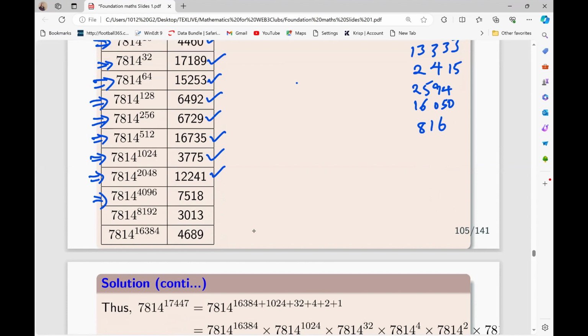Square that. You get 149 million 842,081. Divided by the same divisor, 17,449.